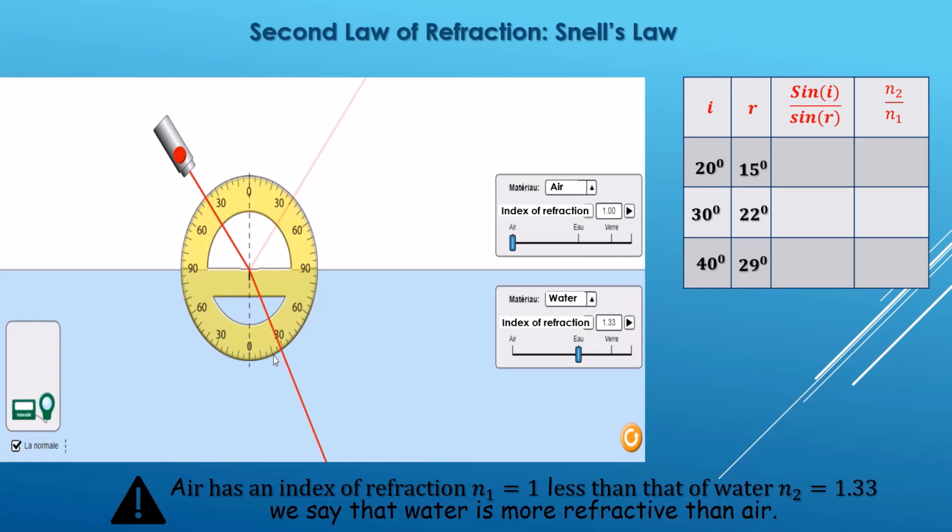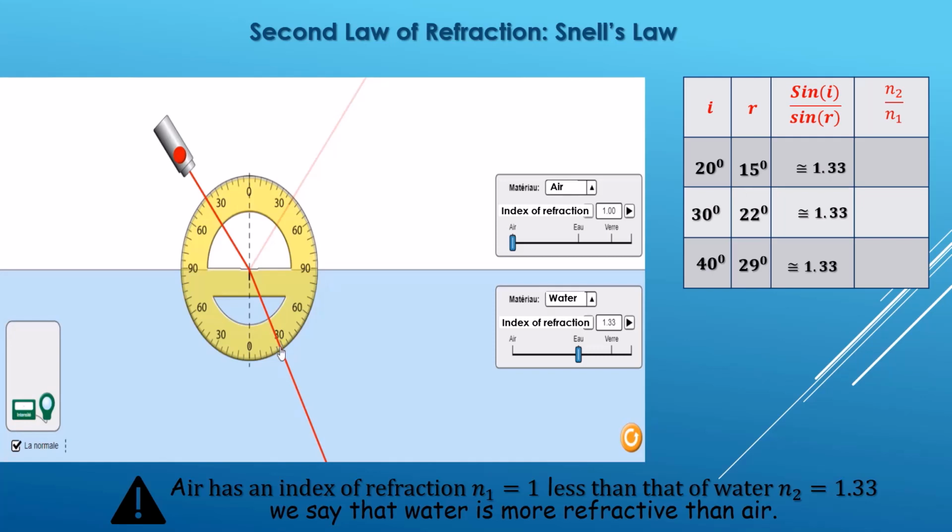Next, what we are going to do is find the ratio of the sine of the angle of incidence to the sine of the angle of refraction. If we do this in the lab, we will notice that all these ratios are the same.